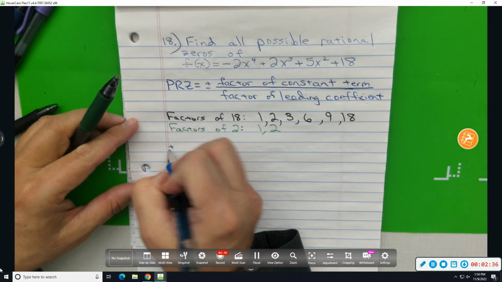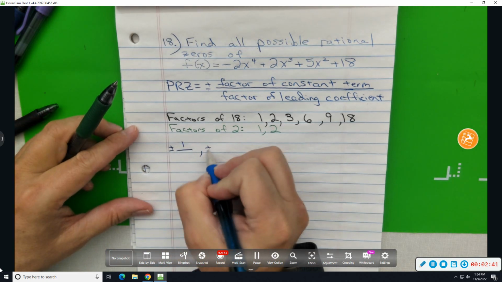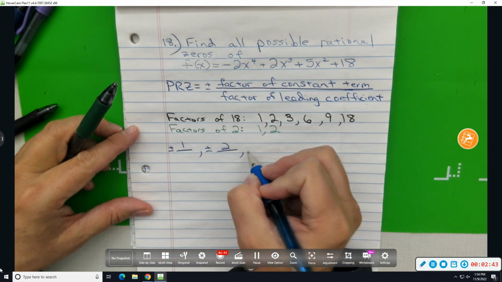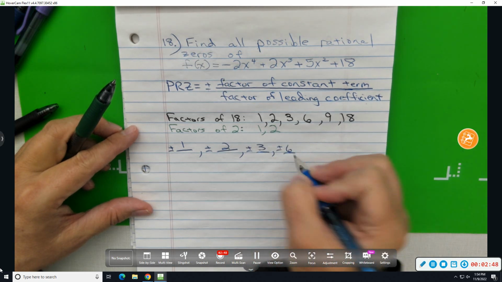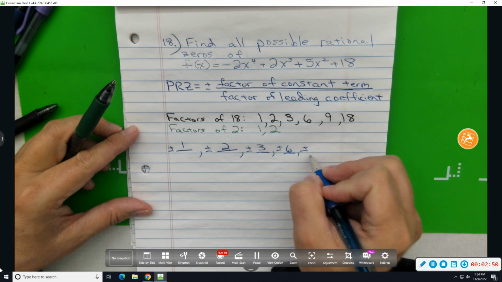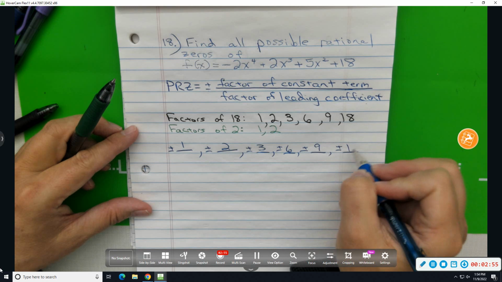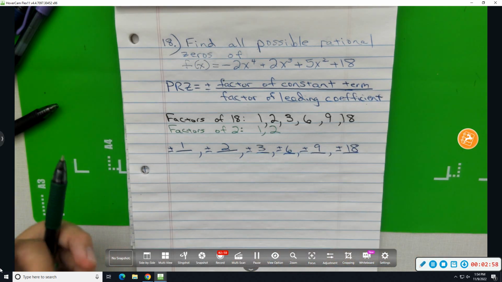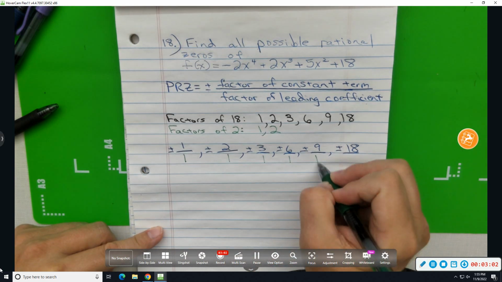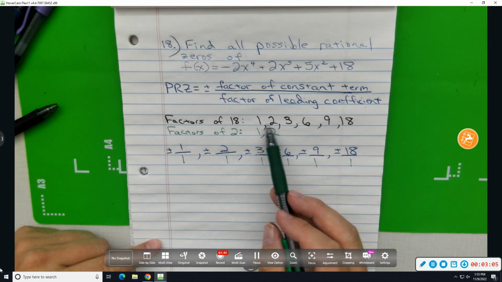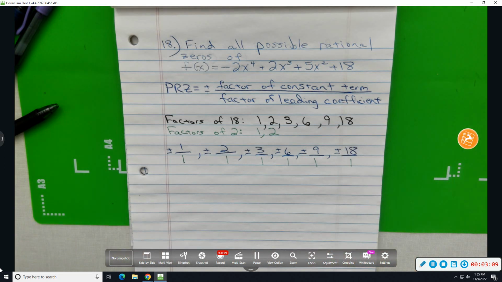So we'll have 1, plus minus 2, plus minus 3, plus minus 6, plus minus 9, and plus minus 18. We're putting them all over 1. You all following my pattern? Then we take every one of those factors of 18 and put them over 2.